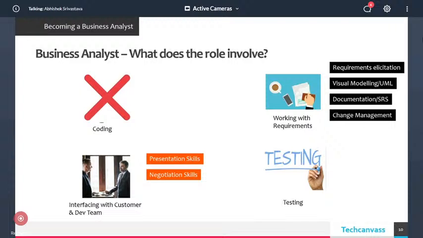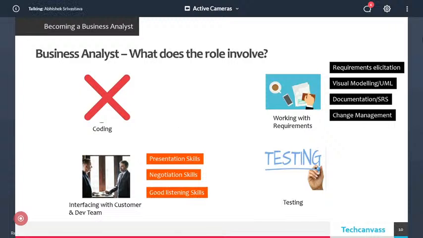Because what happens is customers start telling you 10 things, but your team is limited. You cannot do all 10 things. So what will you do? You say, okay, let's discuss what we can do first. Out of these 10, we can pick up 3 and do them first. You should be in a position to negotiate. There are various things which come into that, but ultimately it's all about negotiation.